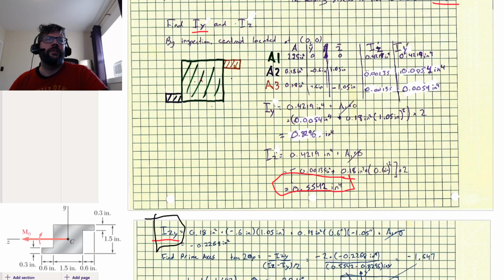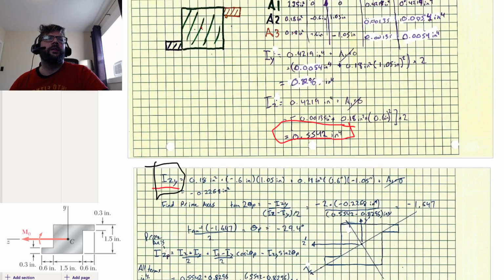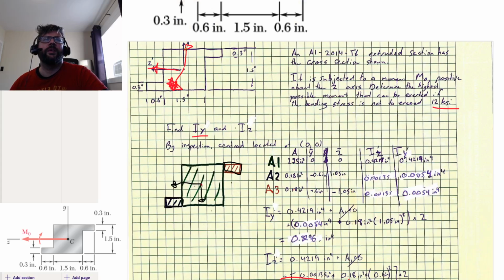So essentially we just get the area of this. We'll start with the A2 area times the z and the negative y. So again, our negative 0.6 times our 1.05 inches, keeping in mind that based upon our coordinate system, this is positive for z.